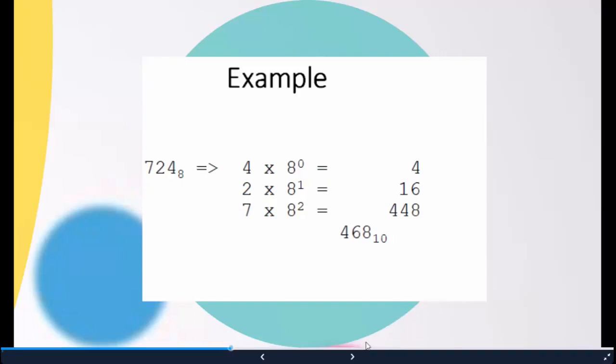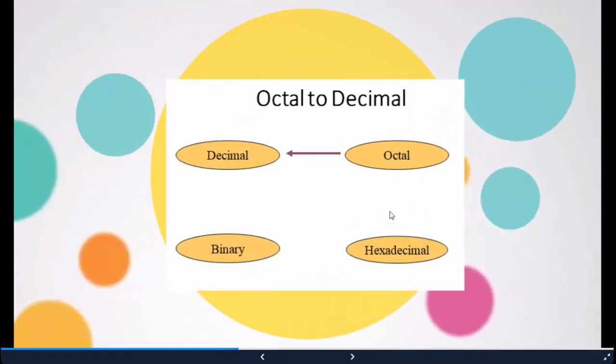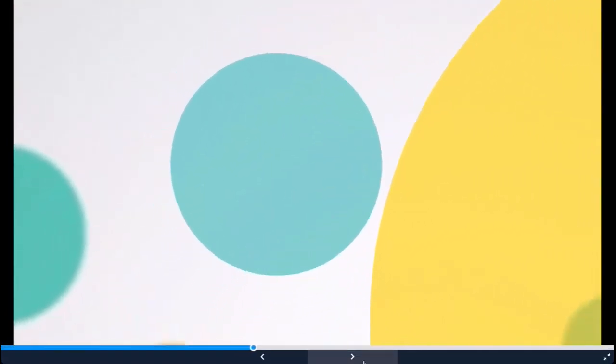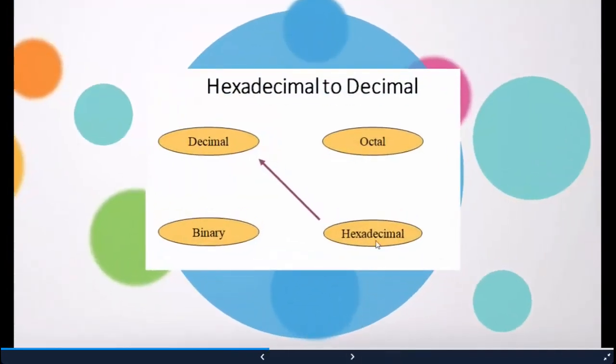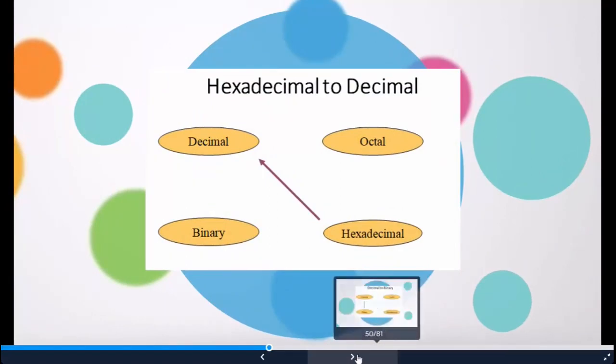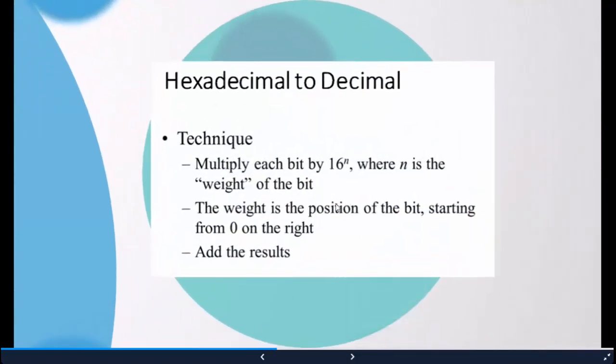Now let's go to the next. That was octal to decimal. Now we're going to hexadecimal to decimal, as I've mentioned before. I think you know what's going to happen here, which is to multiply each bit by 16^n, where n is the weight of the bit.